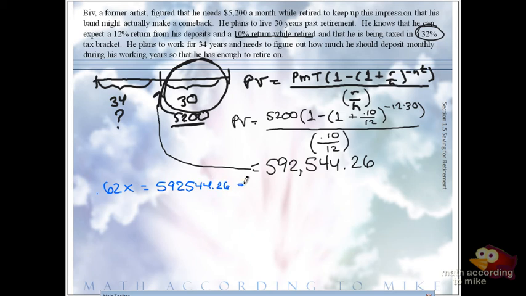And that implies that X, the amount he needs to have at retirement, pre-tax, is going to be $871,388.62. Yowzers. Okay. So now we know how much he needs to have at retirement.